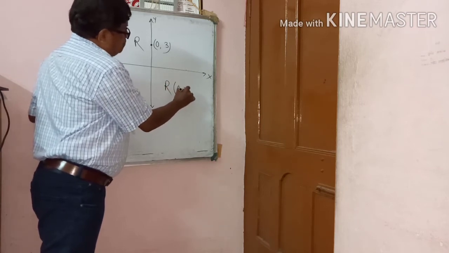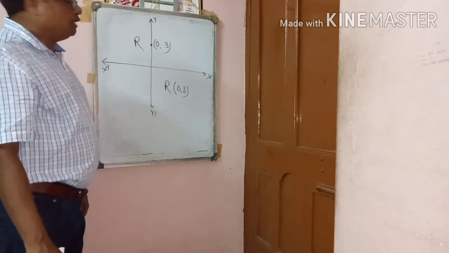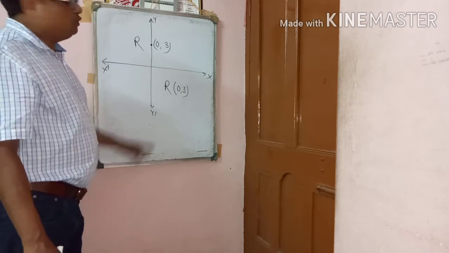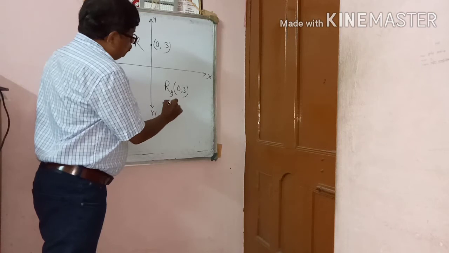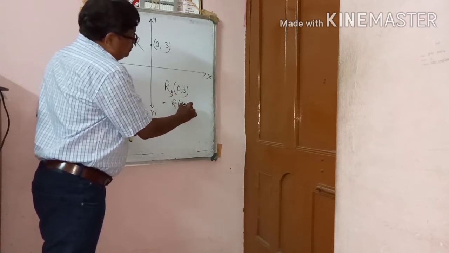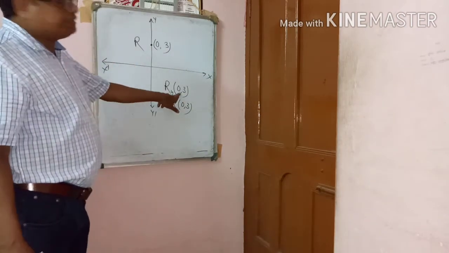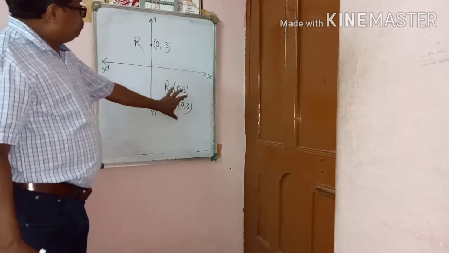Reflection of a point in the y-axis: y has no change, x will be changed, so minus 0, and minus 0 always means 0. So this will be no change.